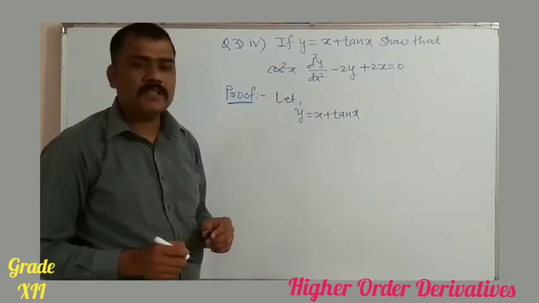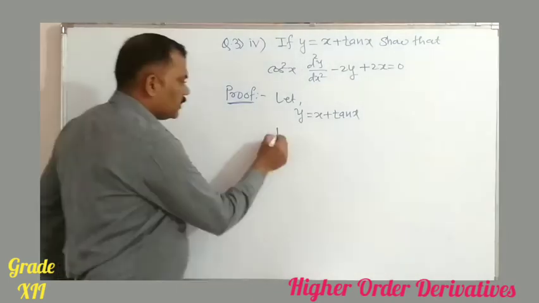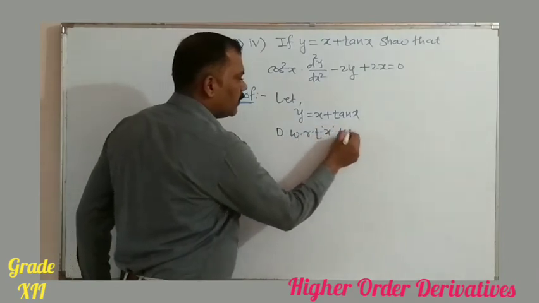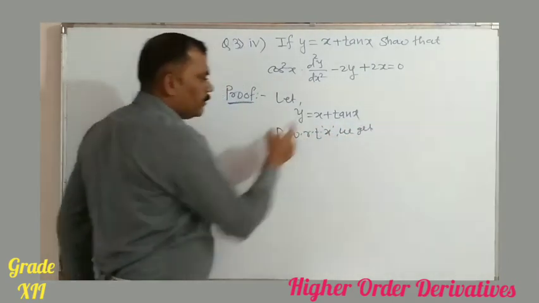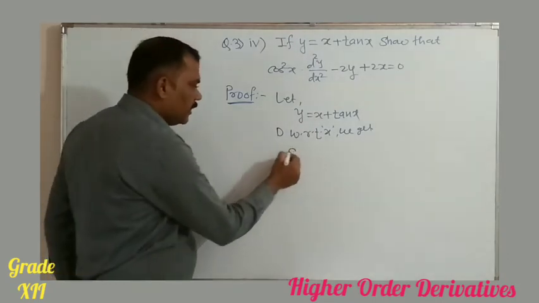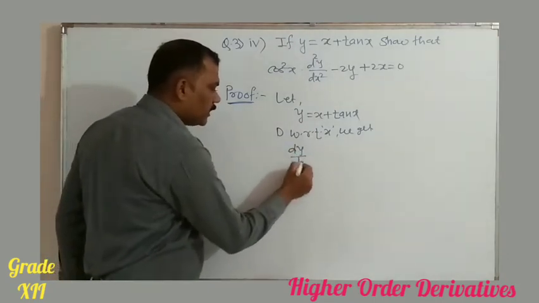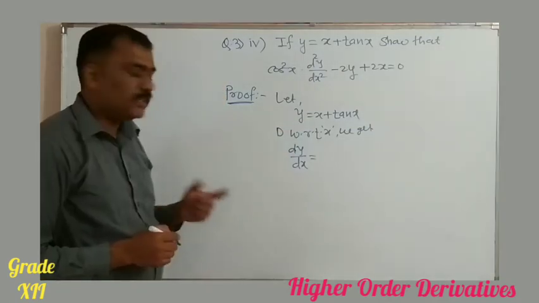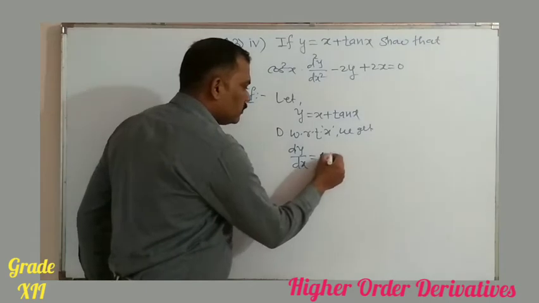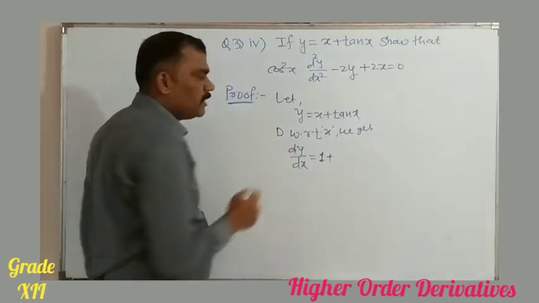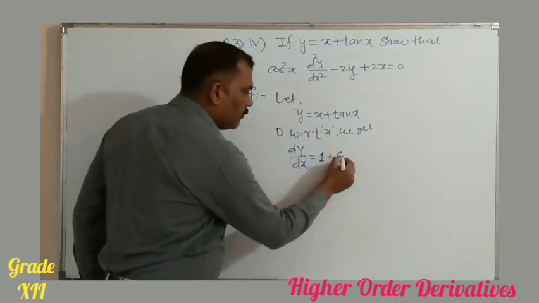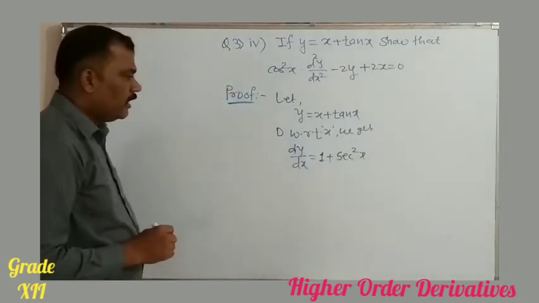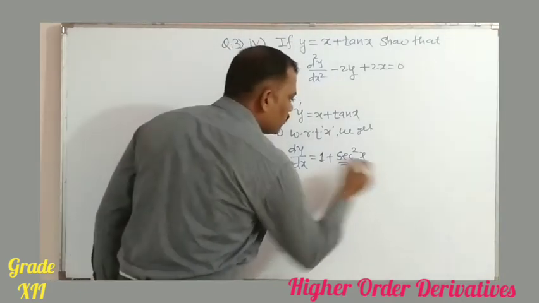First of all, we have to differentiate with respect to x. Differentiation of y with respect to x is dy by dx is equal to, differentiation of x with respect to x is nothing but 1, so 1 plus, what is the differentiation of tan x? Differentiation of tan x is sec square x. Now we have to know the value of sec square x.